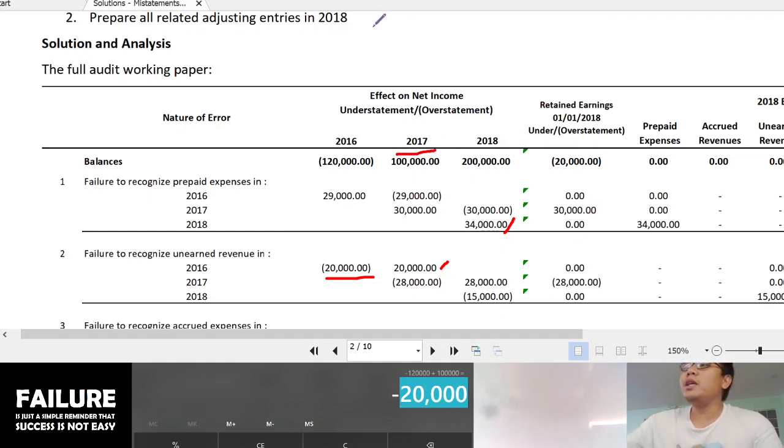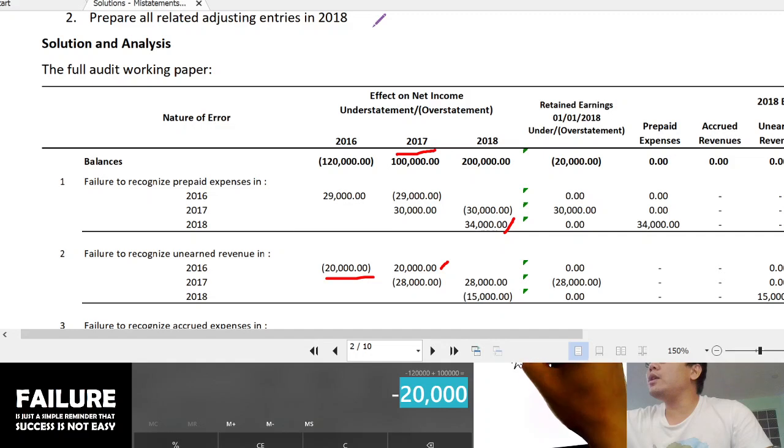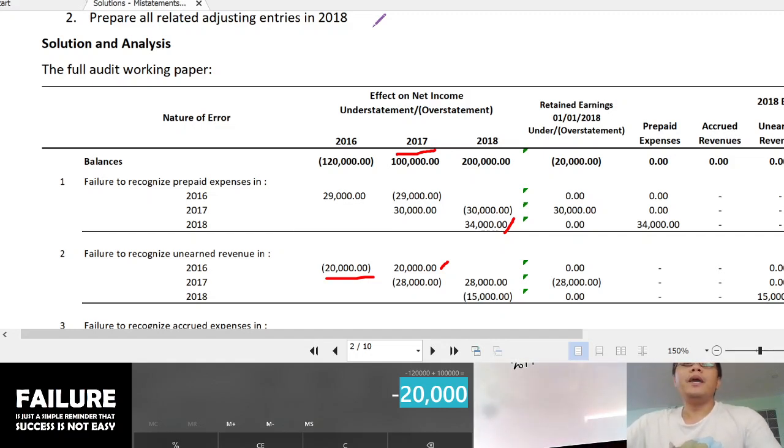Dapat 2017. Okay? Dapat 2017. Pero yung nangyari is that na-recognize mo siya in 2016. So ano yung effect niyan? Kulang yung net income mo in 2017. Okay? Kulang yung net income mo in 2017.